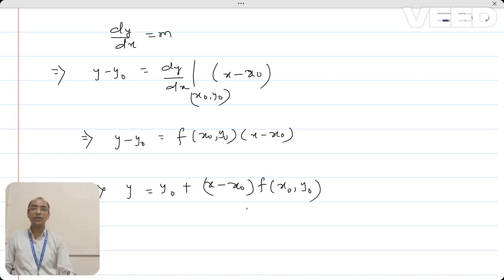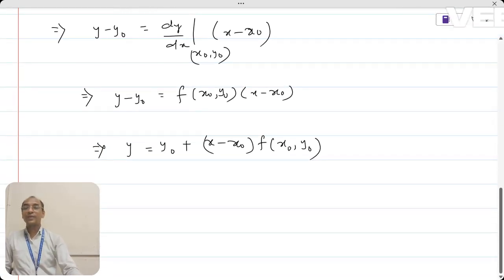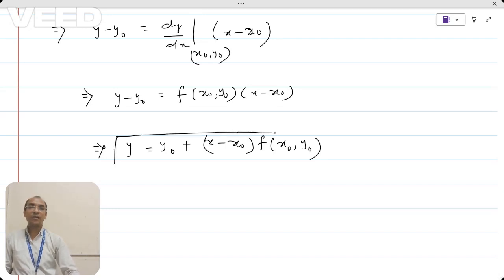This is actually the approximation of the curve by a tangent at the point x0, y0.